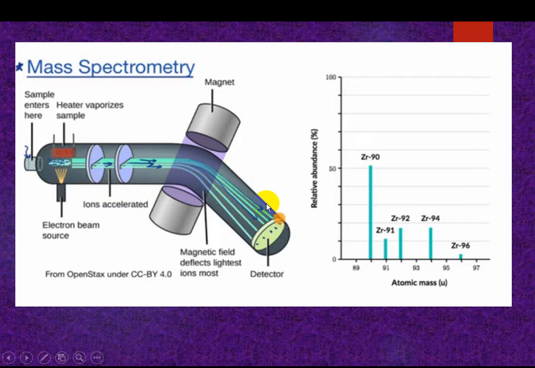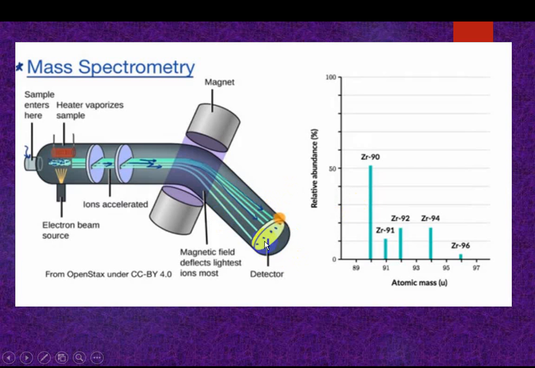This is the less deflected path and this is the most deflected, because of less mass. It is inversely proportional.